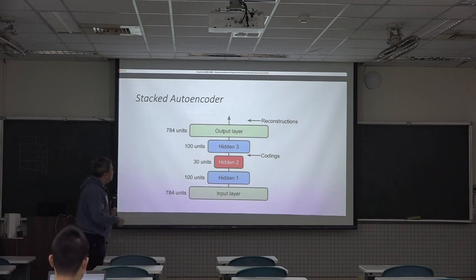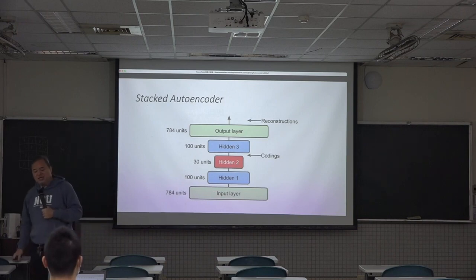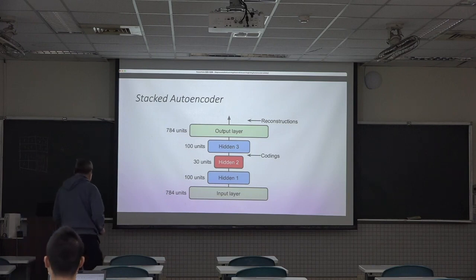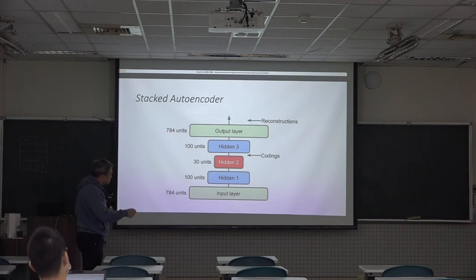For this particular example, we are using Fashion MNIST, so the input layer has 784 units, because it's 28 by 28. The output is trying to reconstruct that small Fashion MNIST picture, so it's also 28 by 28.